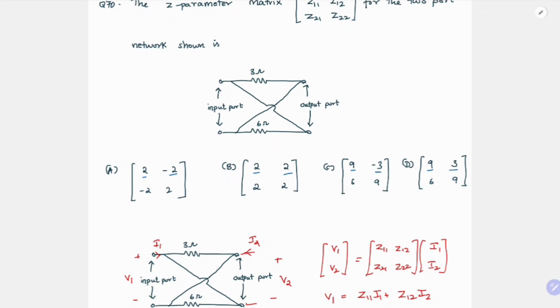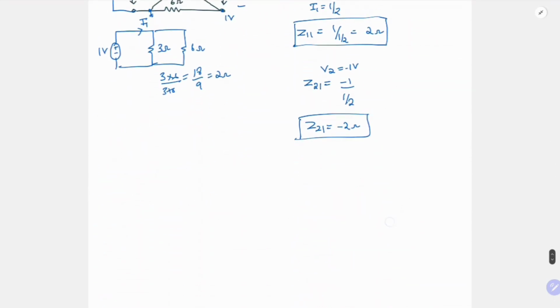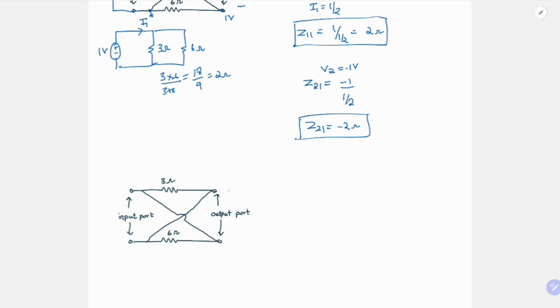Here we also have the opportunity to check all the other things. Z11 we already found, which is 2 ohms. So we'll go ahead and also find the other two parameters. For these, we are going to connect the source this way and leave the other side open. So Z12 is nothing but V1 by I2 when I1 is equal to 0.